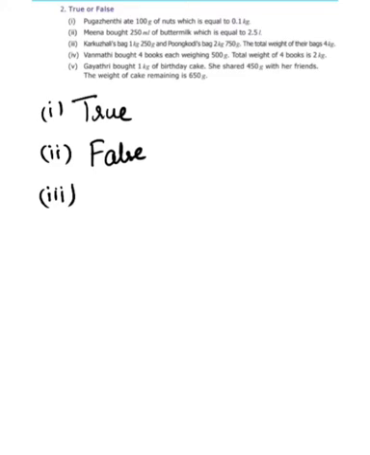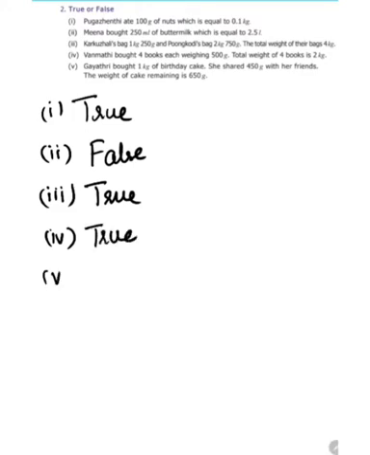So here is 1 kg, there is 2 kg, 3 kg. 250 plus 750 is 1000 gram. 1000 gram is nothing but 1 kg. So it is true. Then fourth question. Vanmati bought 4 books each weighing 500 gram. The total weight of 4 books is 2 kg. Yeah, that one is true.